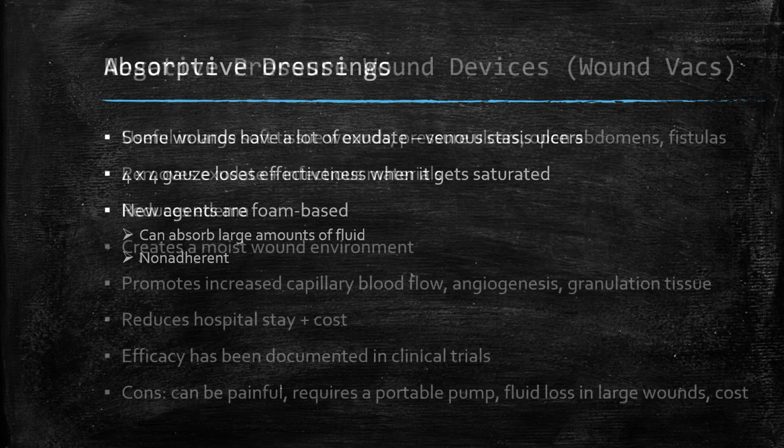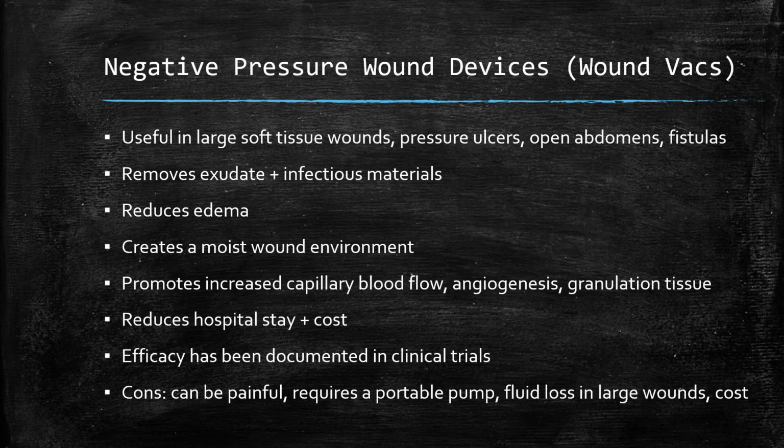Negative pressure wound devices, better known as wound vacs, have proven to be incredibly valuable in the management of complicated wounds. Surgeons have found use for these devices in taking care of large soft tissue wounds, pressure ulcers, open abdomens, and even complicated enterocutaneous fistulas.